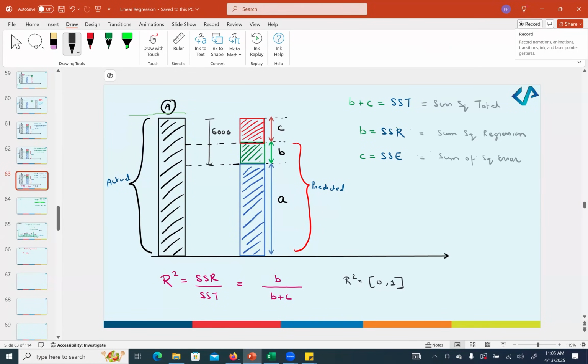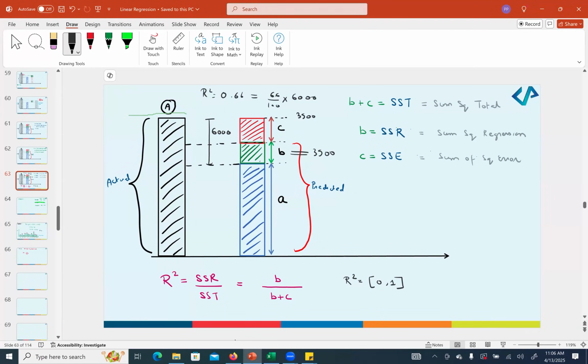And R square equal to 66 is telling me that on an average, I am being able to predict this much on top of average. Which will be how much? Around 3,900. So my B is going to be 3,900 approximately. You got my point?